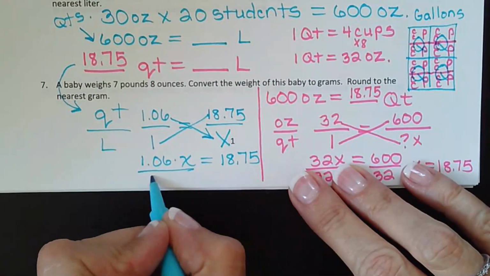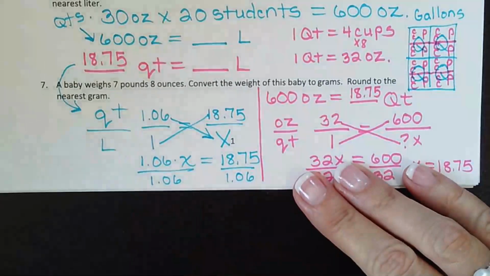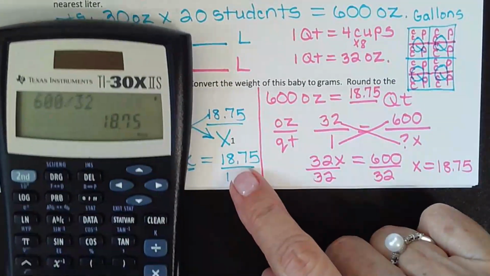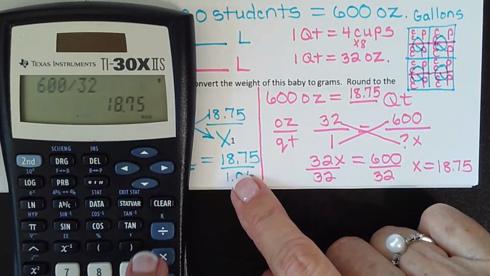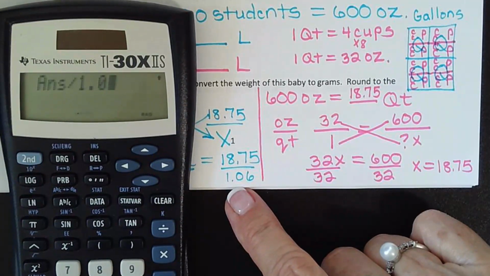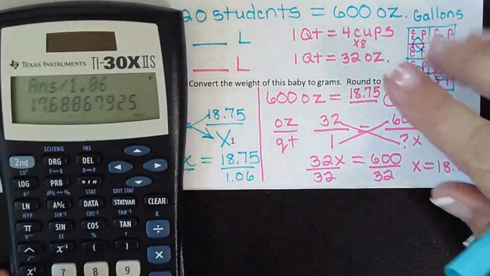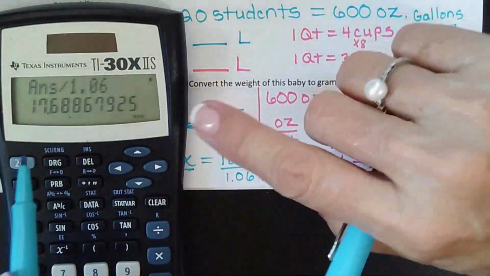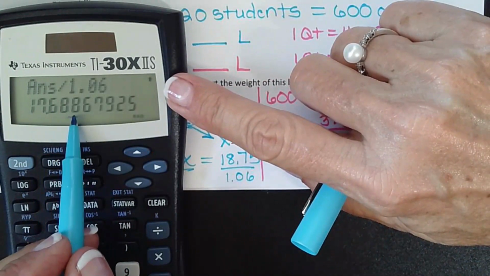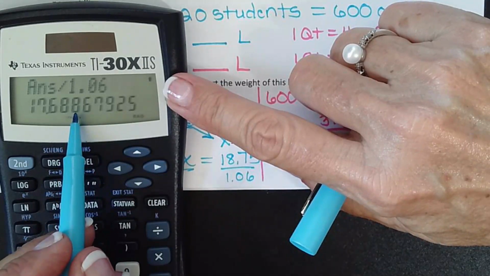So divide by 1.06. So 18.75. Oh, look, it's already in our calculator. So we can leave it there and just click divided by 1.06. So it will take your last answer and divide it. Round it to the nearest thousandths, like the directions said, tenths, hundredths, thousandths. 8, followed by a 6, says bump it up. So that turns into 9.